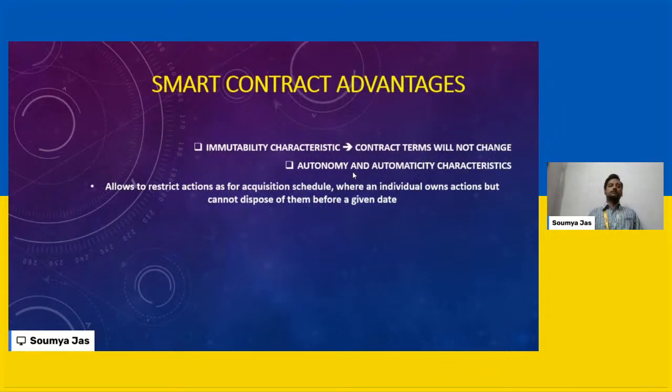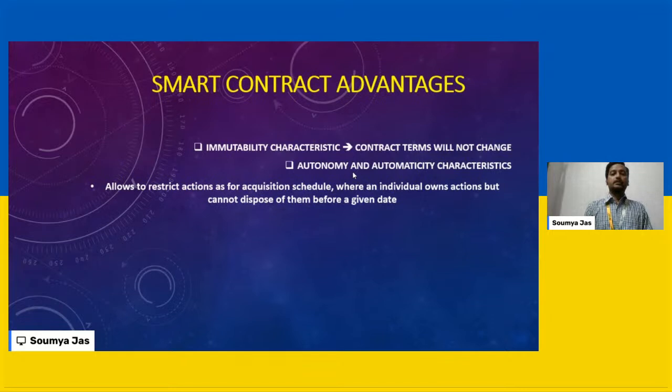The advantages of these smart contracts are, first, the immutability characteristic, which means the contract terms will not be changed, and second, the autonomy and automaticity characteristic. It allows you to restrict an action acquisition schedule: an individual owns actions but cannot dispose of them before a given date.